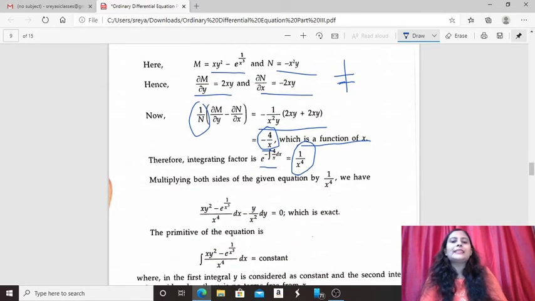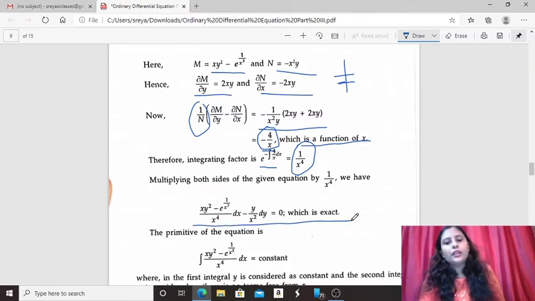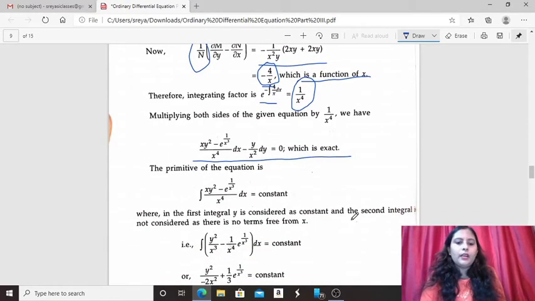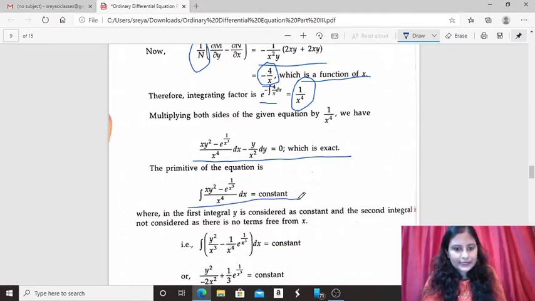Now, multiplying 1/x⁴ all throughout, we will get this sort of equation, which is obviously exact. Therefore, integrating it, we can find that this will be the primitive of the equation, of this type.